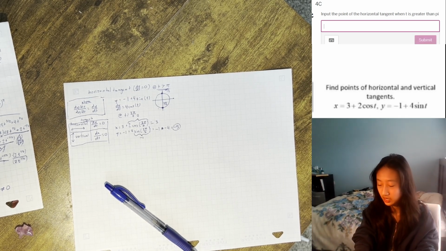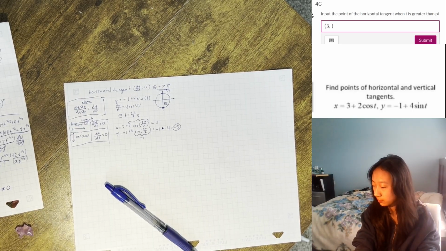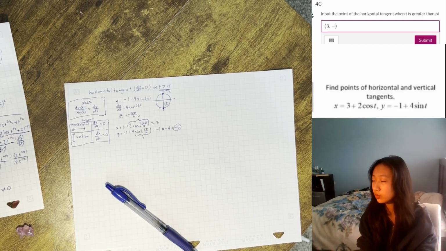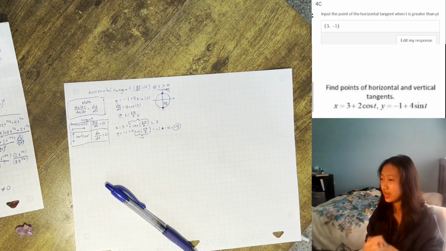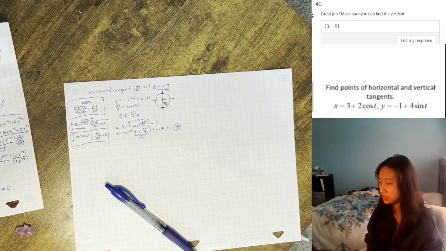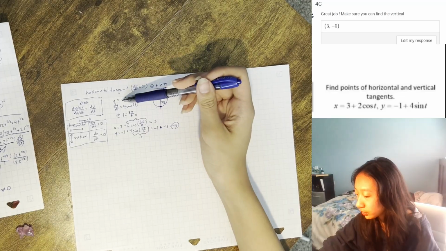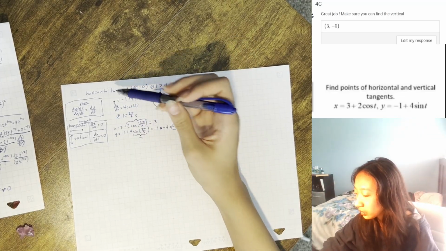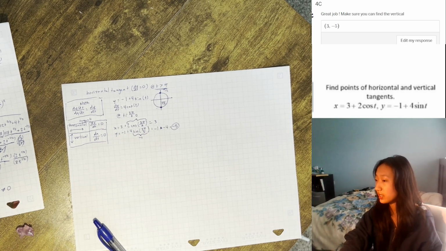It looks like the point of this horizontal tangent, or the point when our derivative of y with respect to t is 0, is (3, negative 5). Guys, I think we might be so fantastic and actually super amazing at this. Cool, awesome. And remember that if we want to find the vertical tangent, we're just going to do the same thing, but we're going to start with the x equation instead of the y. Let's move on.